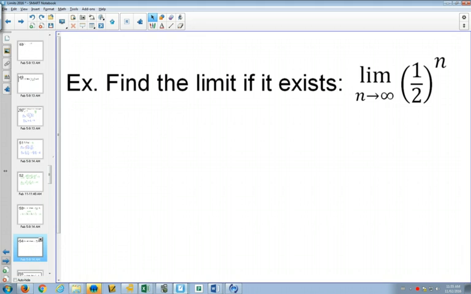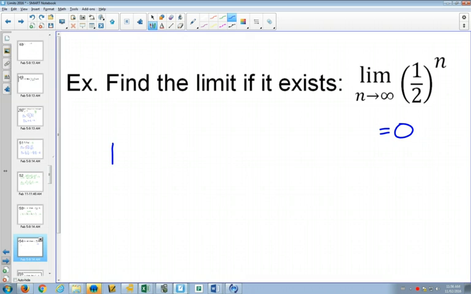What about this one? As n gets really, really big, you see it equaling 0. Okay. And if we go to our example that we started with talking of limits, I reminded you of geometric sequences.